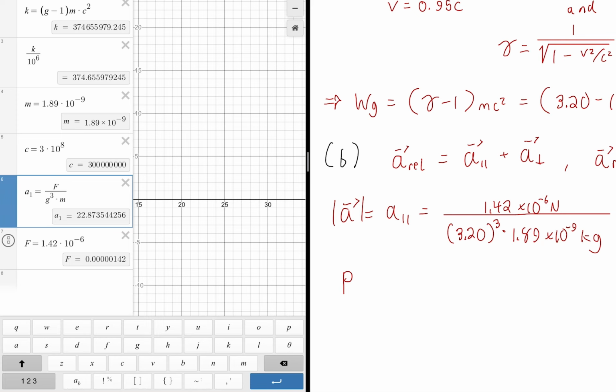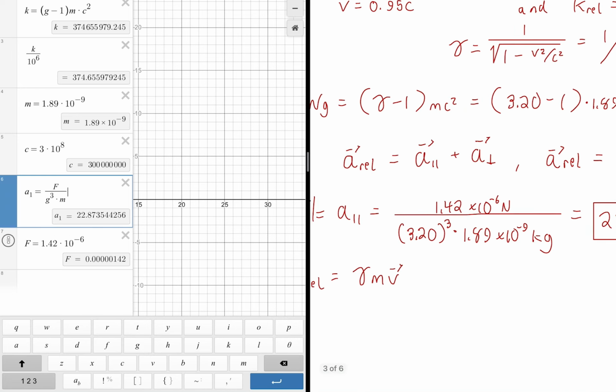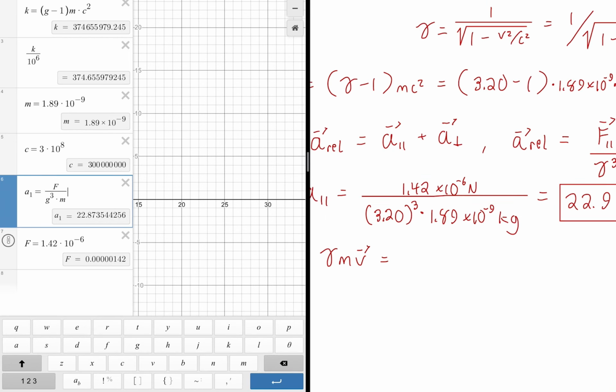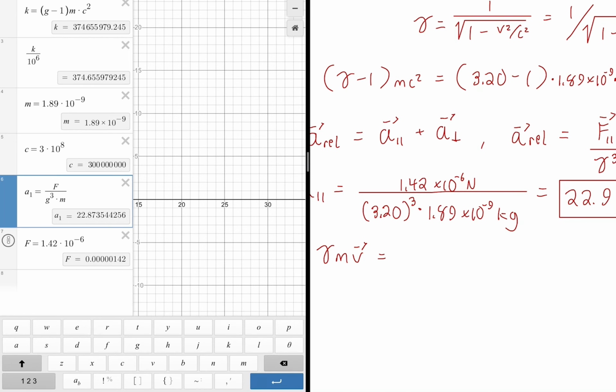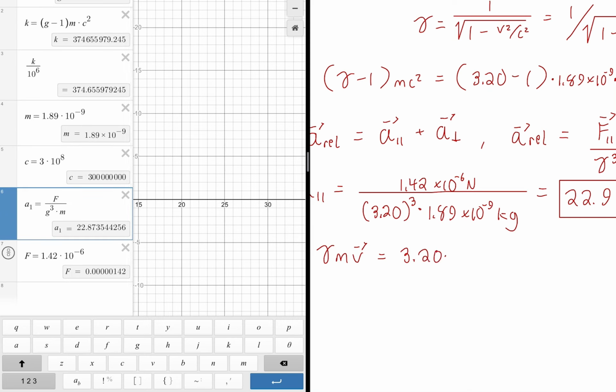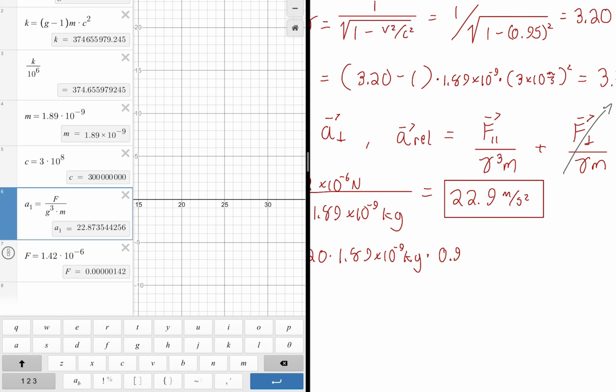This whole idea that acceleration kind of decoupled from force, but not so with momentum. Momentum, relativistically, is just going to stay parallel to velocity. So it's just going to be gamma mv, okay? So we can just plug all those in, get our number, all right? So it's going to be our 3.2 for gamma, and we'll multiply by the mass, and then finally we'll multiply by the velocity, which is just 0.95 times 3 times 10 to the 8 meters per second, because after all, that is the velocity.